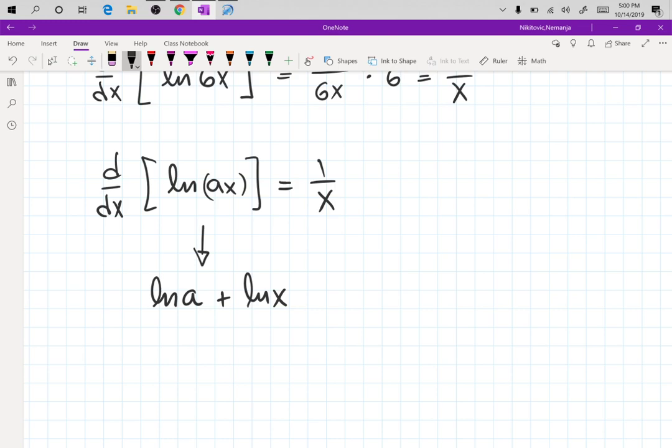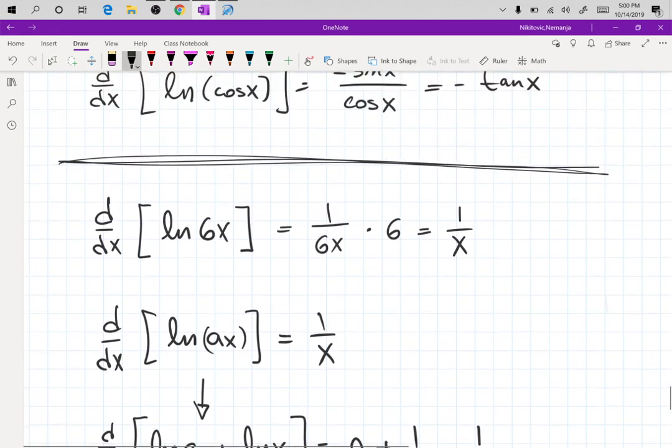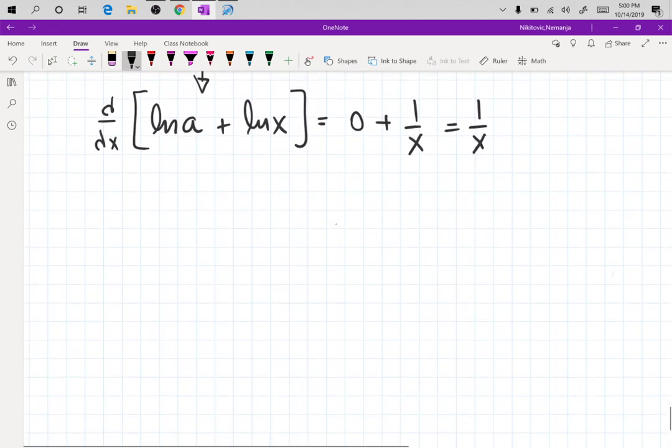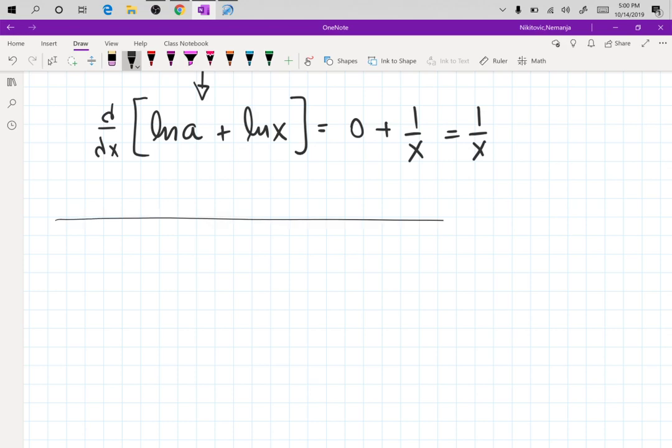So when you take the derivative of a constant, you get 0 plus 1 over x, and that's why it's 1 over x. So cool. Using the log property to show that. Good. What else?